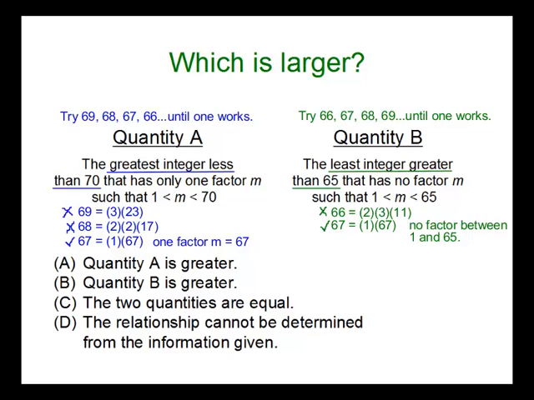And chances are, you're recognizing what's special about 67. 67 is prime. Primes only factor to 1 and themselves. And that's why primes are sort of restricted in how many factors. It happens that we see restrictive language about factors in both quantities, and 67 fit the bill both places. Both quantities are the same.